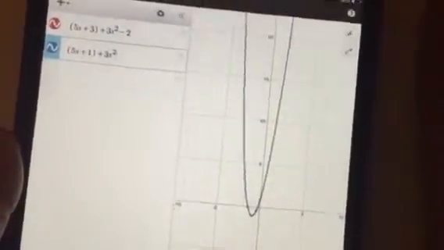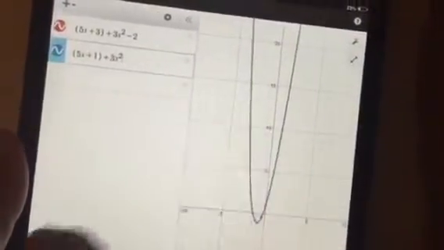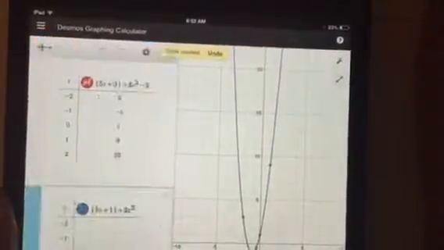Now here's the thing. On the TI graphing calculators, it's harder to tell which is which. So one way to do that is to go to the table and look at the values to make sure that they're the same. Now you know how to go to a table on the TI graphing calculator. Here you press settings and turn them both into tables. So here I'm going to press settings, turn this into a table as well.